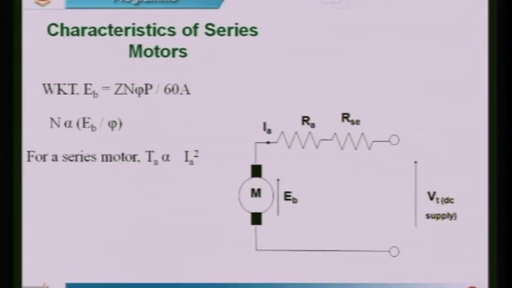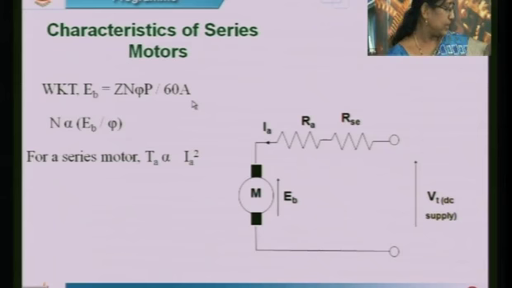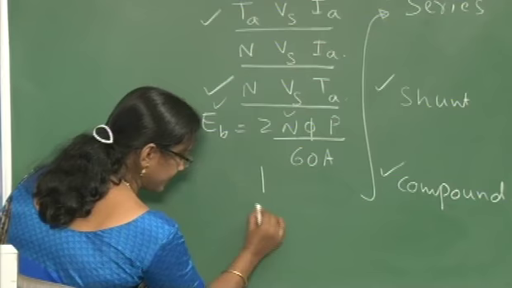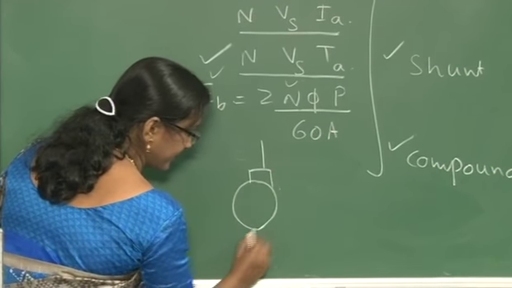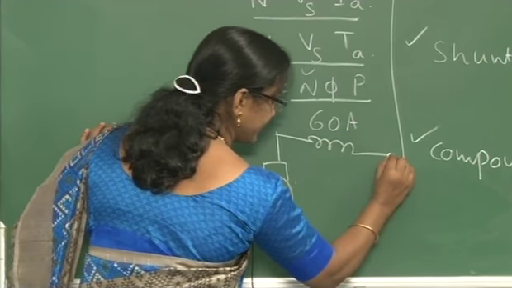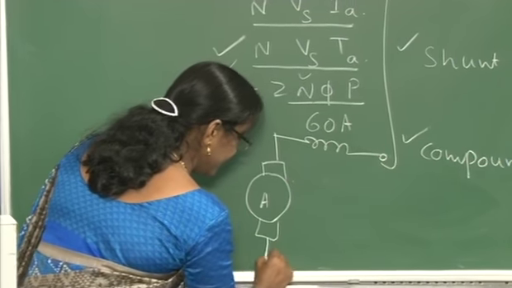Now when we consider the DC series motor, we know that EB is equal to Z N phi P divided by 60A. This is the way we connect it. This is the armature, and in series with it we connect the series field winding.